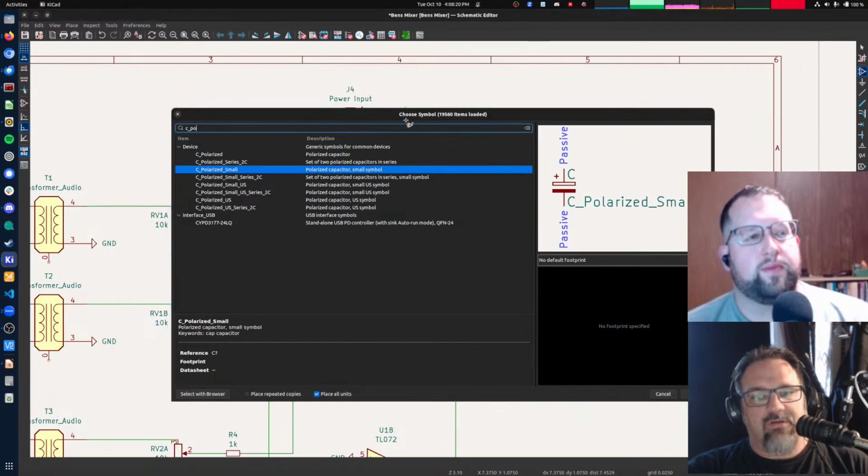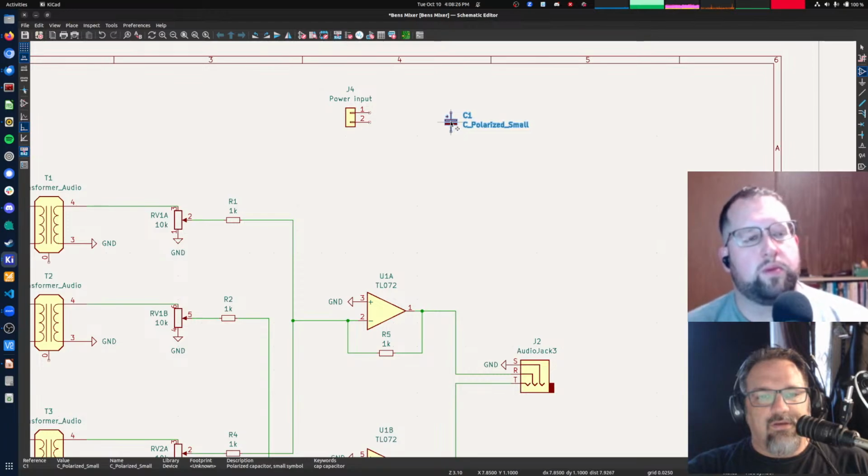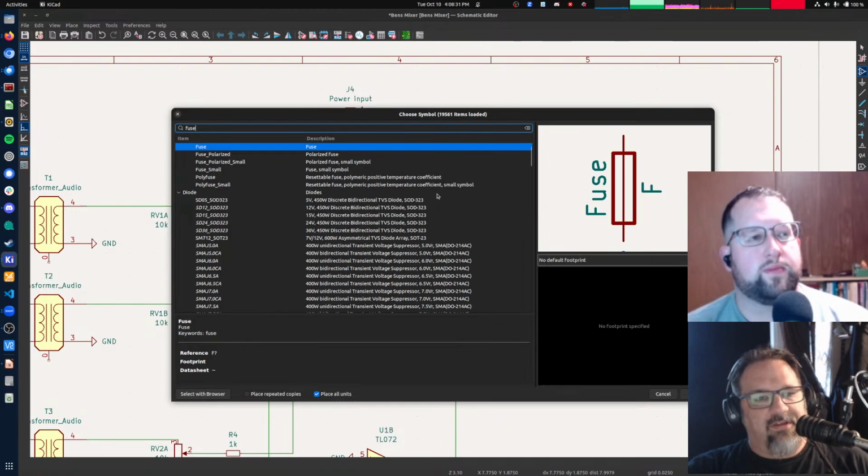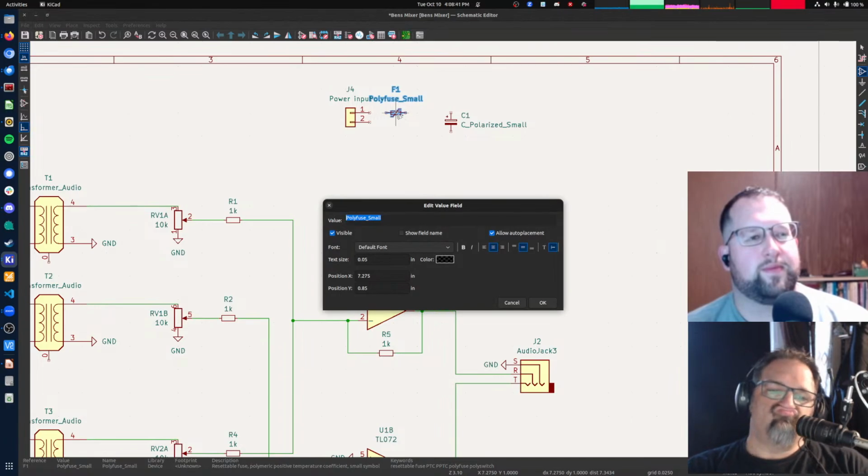Polarize small. Actually, all right, let's do it right, and then you can ignore some of these if you want. Polyfuse small. Value.